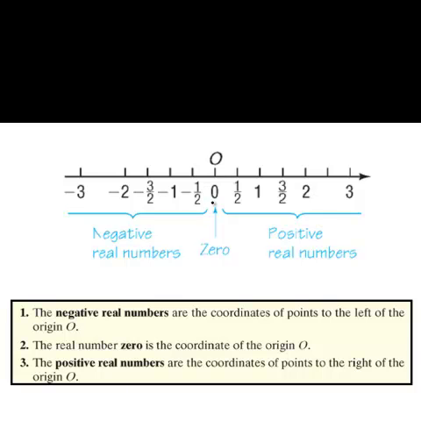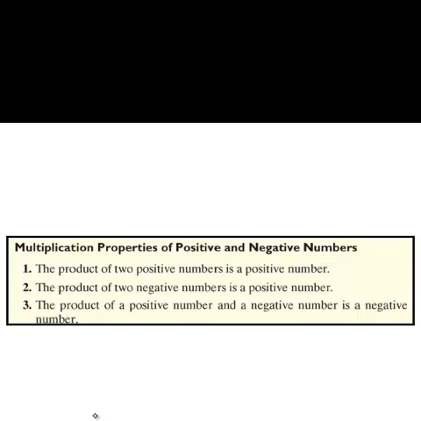All the negative real numbers are to the left of the origin, in increasing magnitude as you go to the left. Then we have the origin 0. And then we have all the positive real numbers that go to the right in increasing value. Remember, we can add and we can subtract any two real numbers. We can multiply and divide.